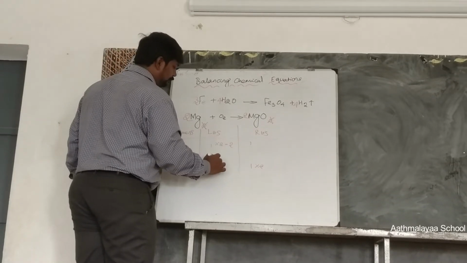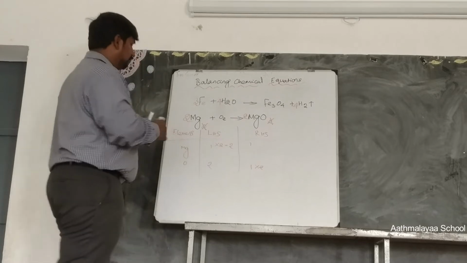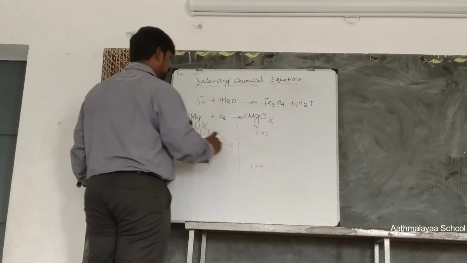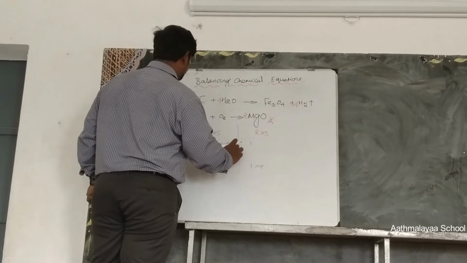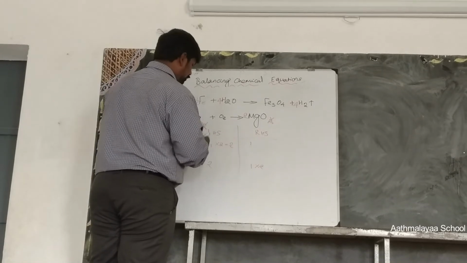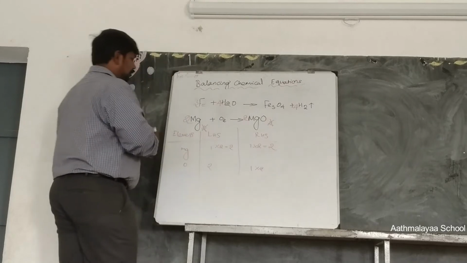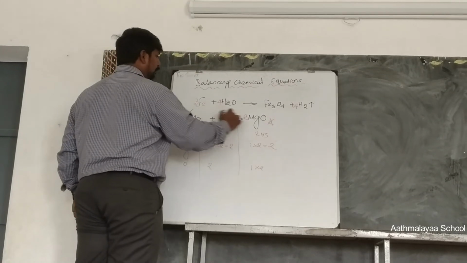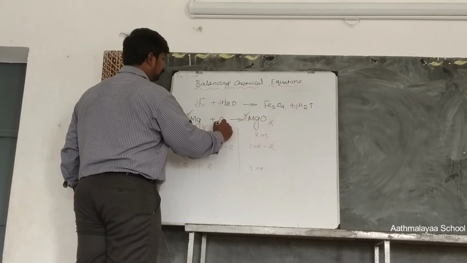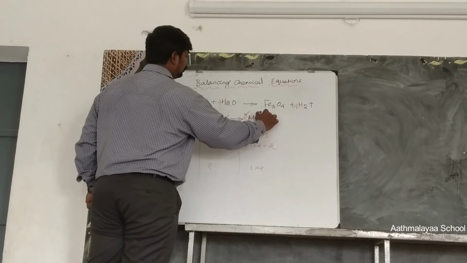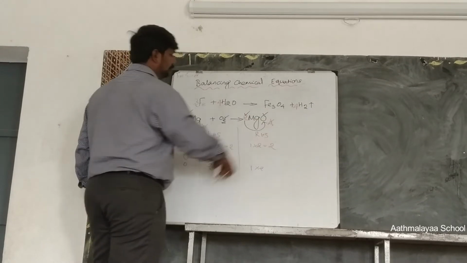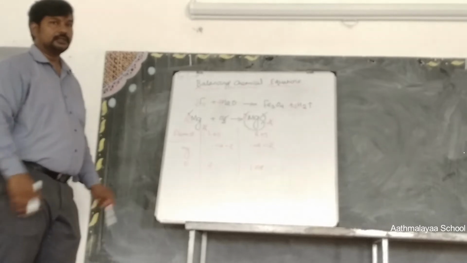So 2 magnesium, 2 oxygen, 2 oxygen. This 2 includes this one. Right. So this is a simple equation.